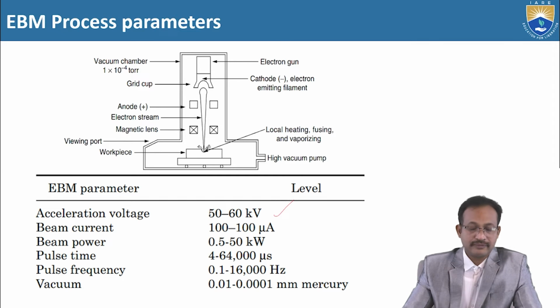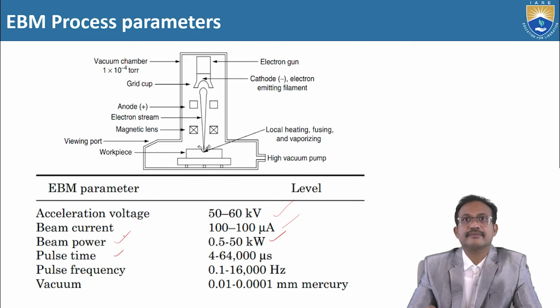Beam current level is 100 microamperes. Next, beam power, 0.5 to 50 kilovolts.